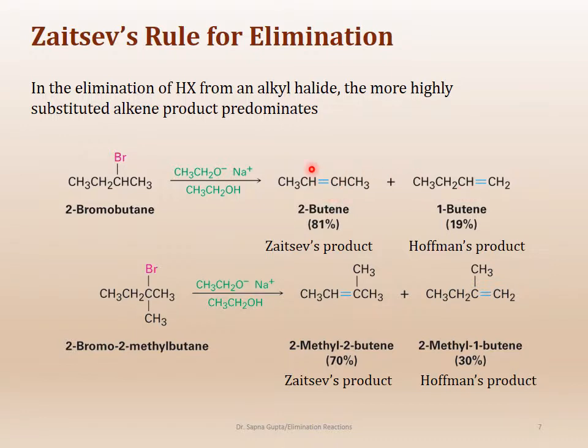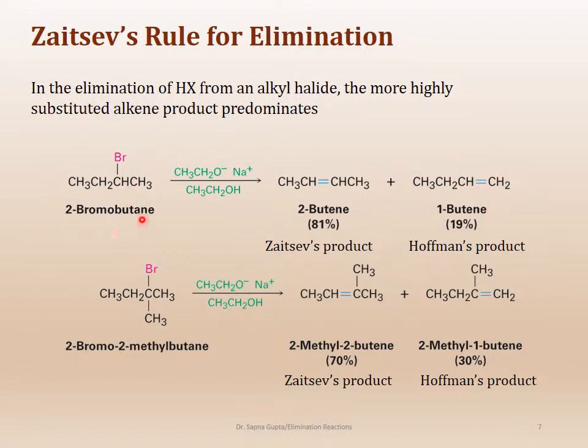Internal alkenes are considered to be more stable than terminal alkenes. We will do this a little bit more when we get to the alkenes chapter pretty soon, but this is just a little bit of a preview for this. So this is an internal alkene, which is more stable than a terminal alkene.